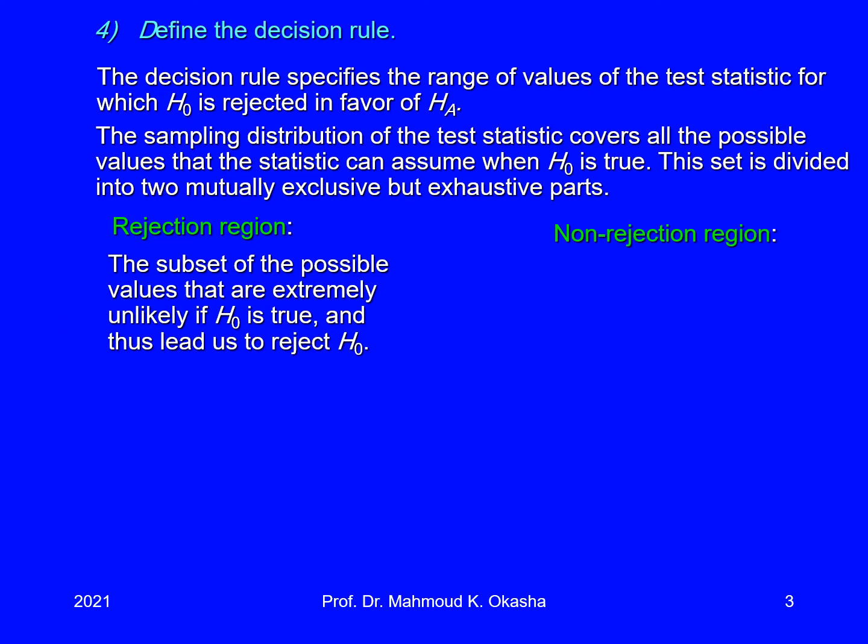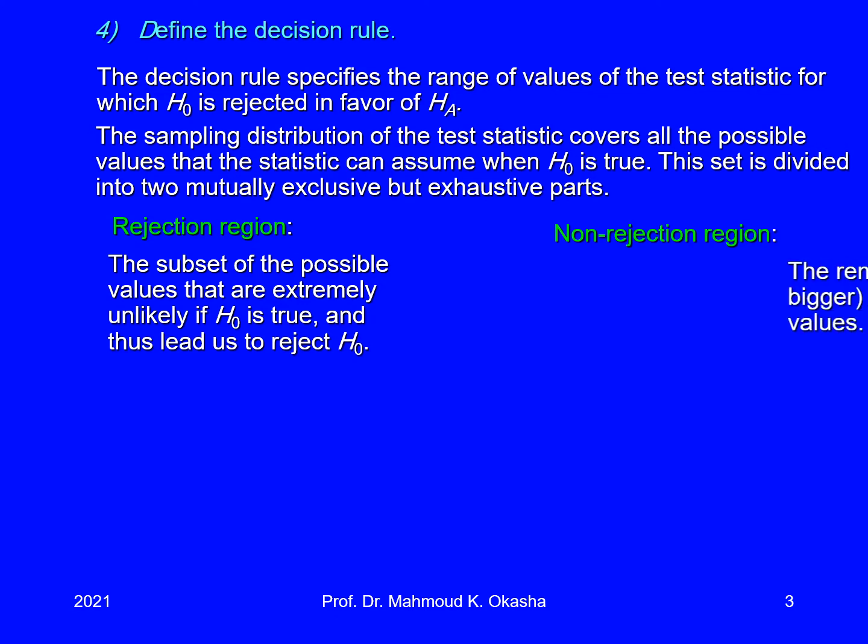So the rejection region is a subset of the possible values that are extremely unlikely if H naught is true. It is nearly impossible that H naught is true, and thus this will lead us to reject H naught.